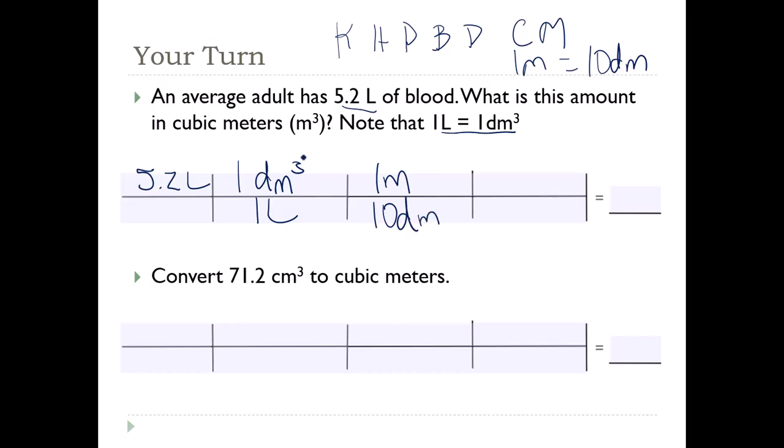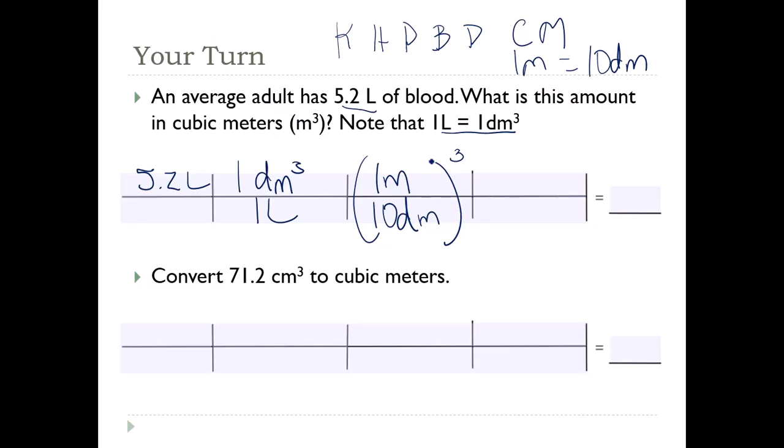But I have decimeters cubed, so I have to modify my conversion factor appropriately to give me decimeters cubed. So what I do is I cube this entire thing. So then it would be 10 raised to the third power, and then decimeters raised to the third power give us decimeters cubed, and then meters cubed.